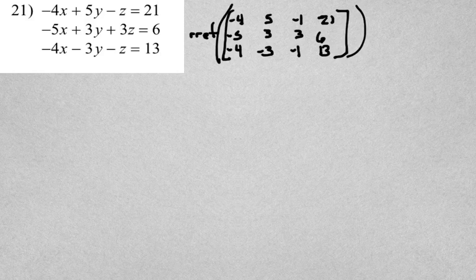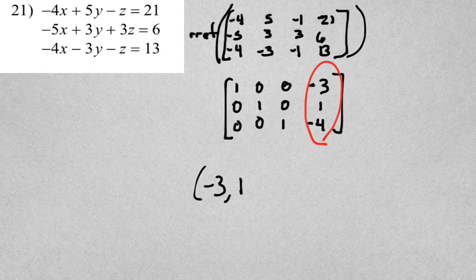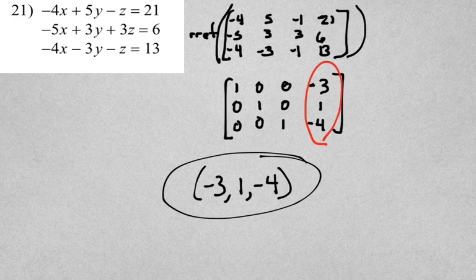And that gives me the matrices with the 1, 0, 0, 0, 1, 0, 0, 0, 1, and negative 3, 1, negative 4. Last column is my answer. And so I have negative 3, 1, negative 4 as my answer.